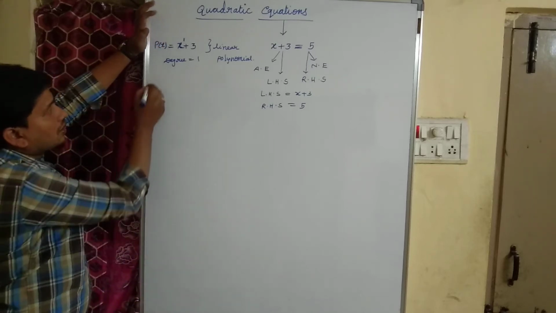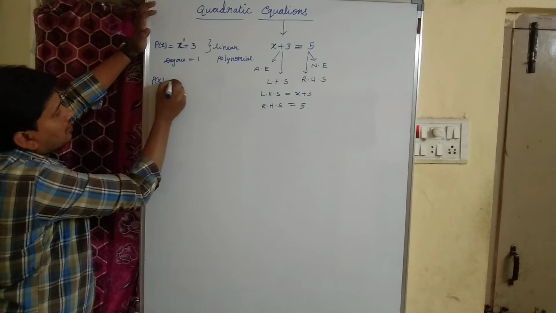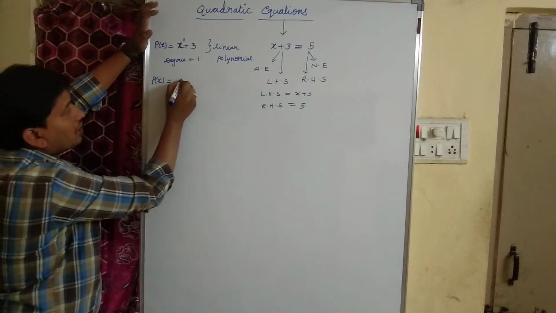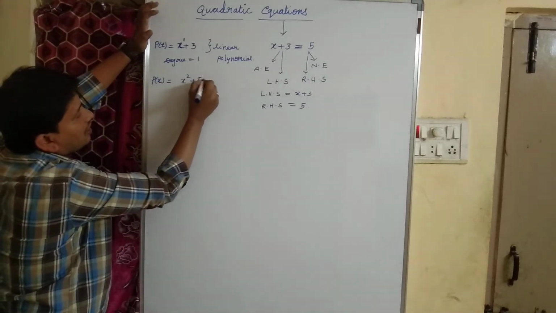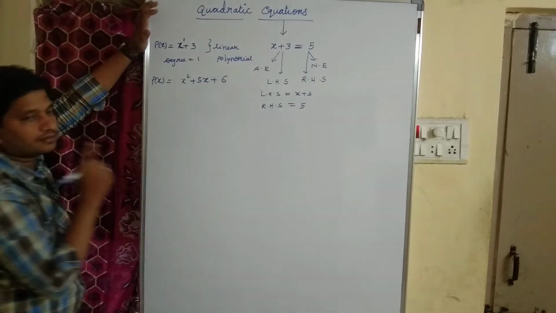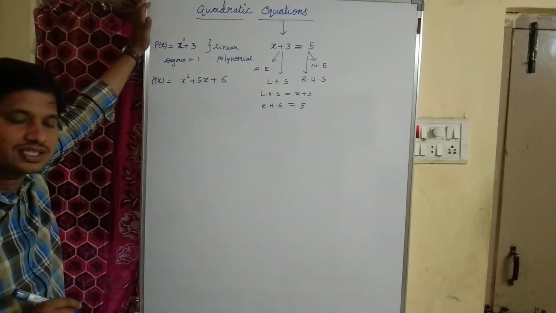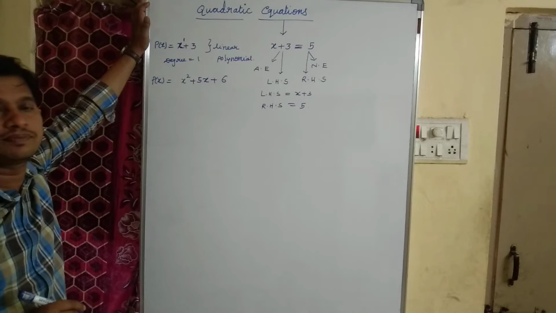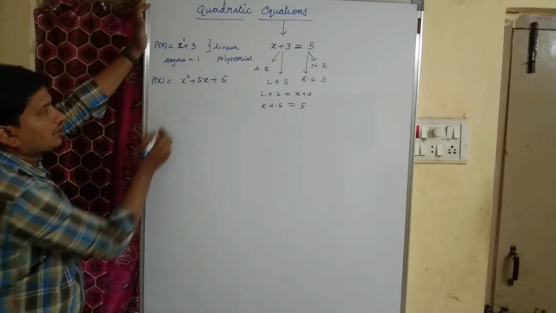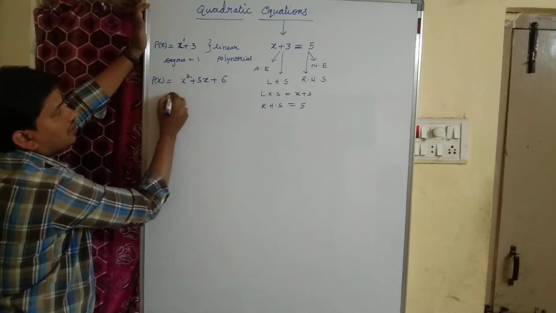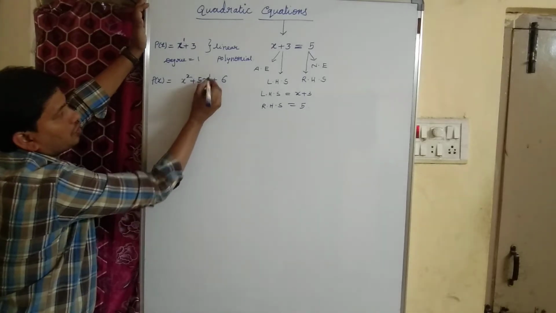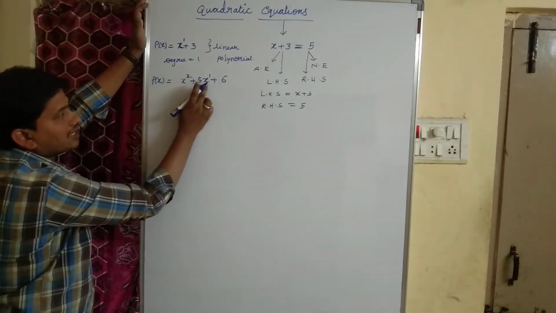Okay children? Now consider the second expression. Consider the polynomial p of x equal to x square plus 5x plus 6. Right? So here, what is the highest power here children? Here the highest power is 2. The variable involved is x.